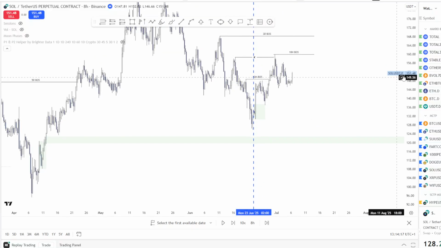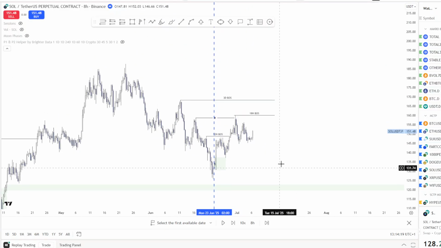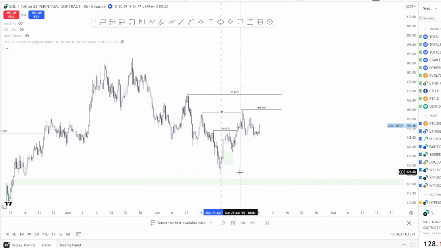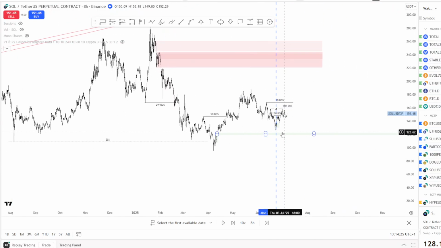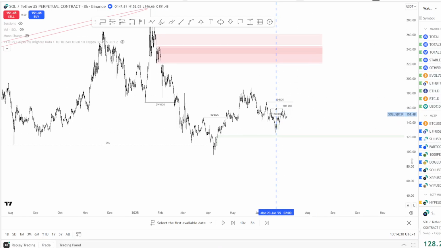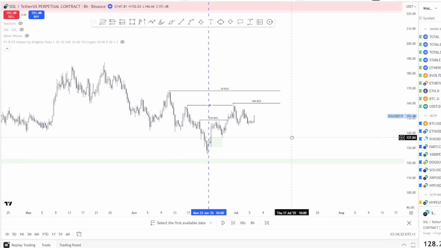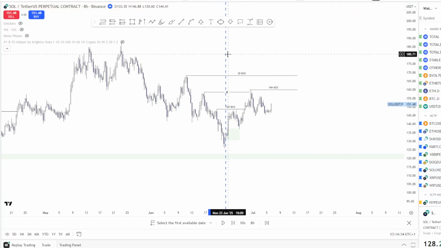It did not do anything. And contextually speaking, this is good for our higher time frame, because this means this low will get taken out eventually. So let's get back. And now we can look, as I said, for maybe an accumulation that brings us up to the 18-hour high, for example.